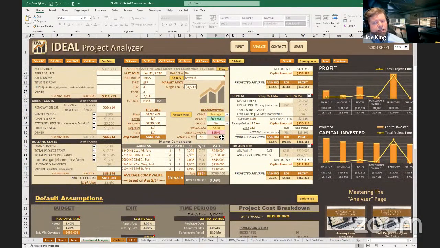Also, we have a market temp area, which again we're in the process of updating, but this will tell us if this is a cool market or a hot market or a medium market, and will give us an indication, if we take this property back, how difficult is it going to be to sell it? That, alongside the days on market, will give us a pretty good idea.